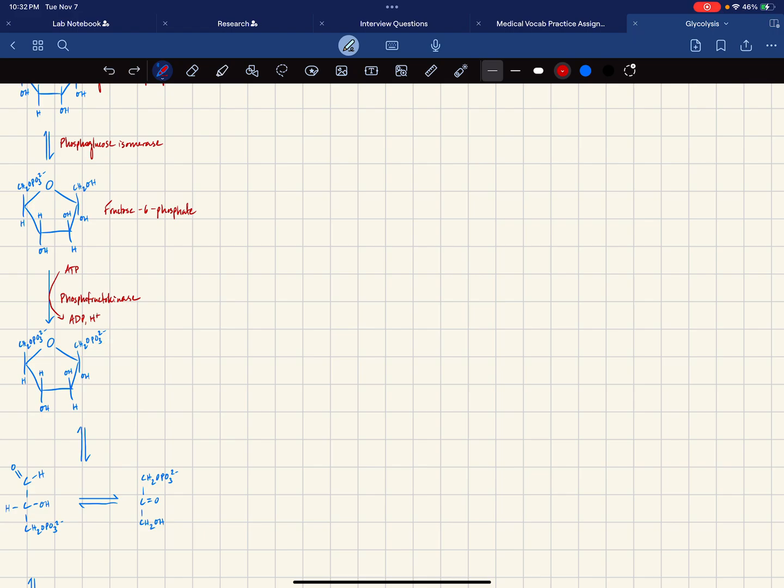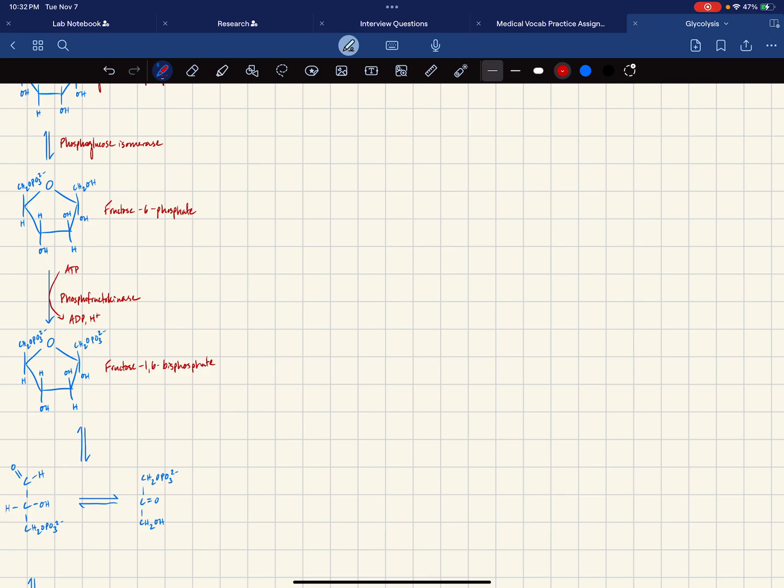And so this is called fructose 1,6-bisphosphate. You've probably seen this a couple times before, especially when you talked about phosphatidylinositol 4,5-bisphosphate and things like that.